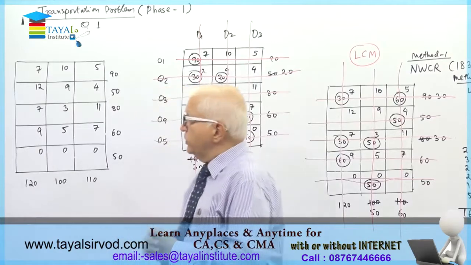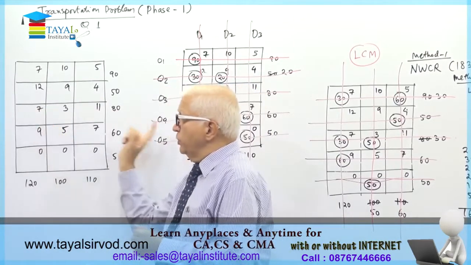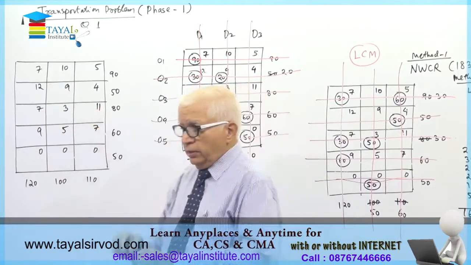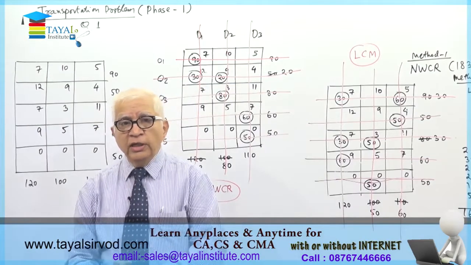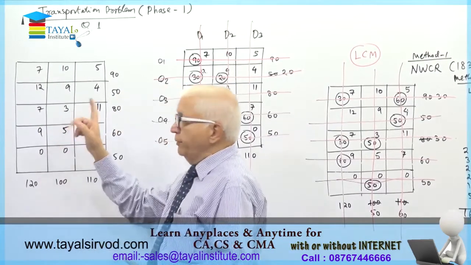Look at row number 3, for example. What are the various costs in row number 3? 7, 3, 11. If you are required to make an allocation in row number 3, where will you make it? Obviously in the least cost cell, which is 3.